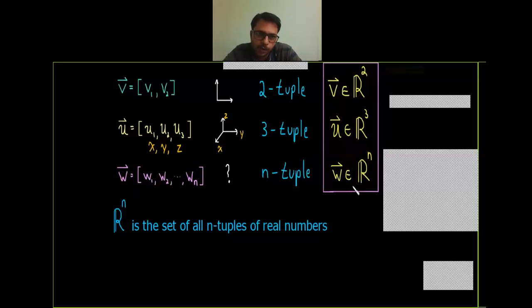So v1 v2, likewise u1 u2 u3, and then w1 w2 up to wn. Since it is very difficult to visualize n dimensions, that's why a question mark has been put there. We don't have to visualize that, but we just need to visualize or imagine two tuple and three tuple, which we have already done in the last lecture.